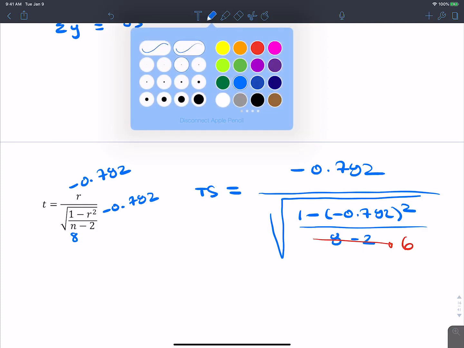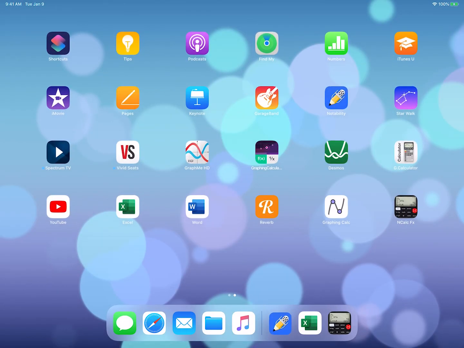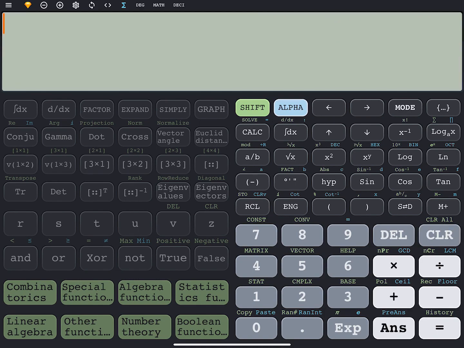So, let's compute this. Negative 0.782 divided by, now there's a square root there, right? Put the parentheses because you're saying calculator, I have a numerator here. Under the radical, there's a numerator. So I have 1 minus, open your parentheses and put negative 0.782.